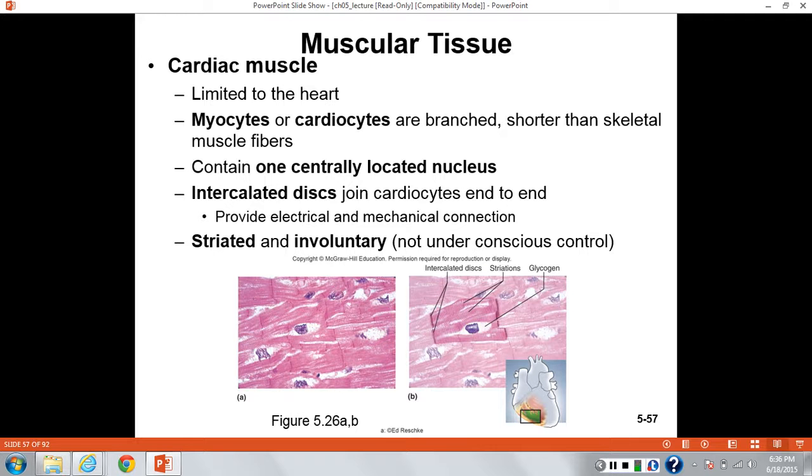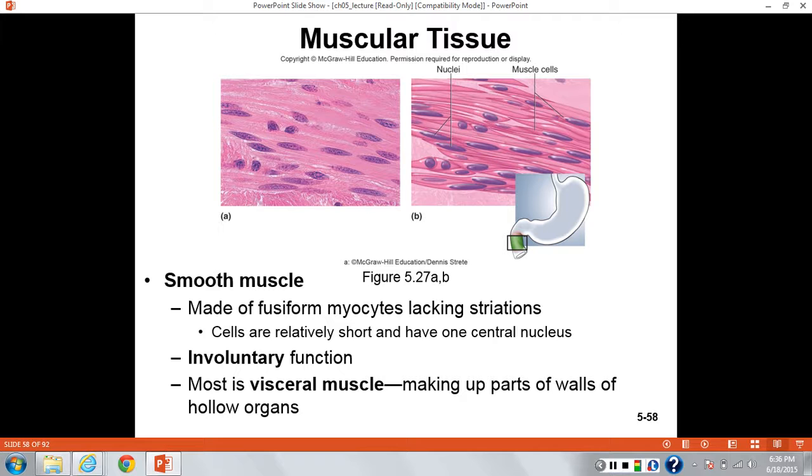This is involuntary because you cannot regulate your heartbeat, your breathing. Alright, smooth muscles. They have no striations on them. Involuntary. Visceral structures, hollow organs, is where these are located.